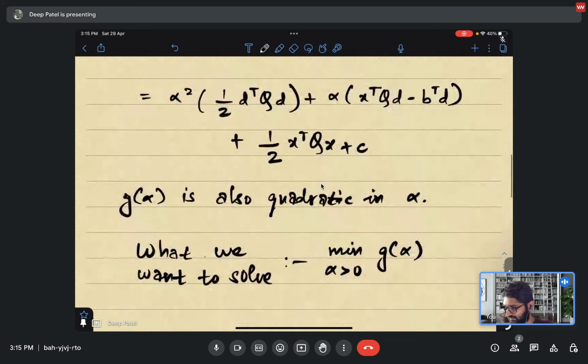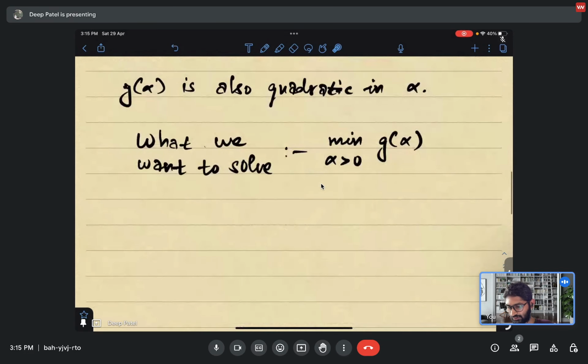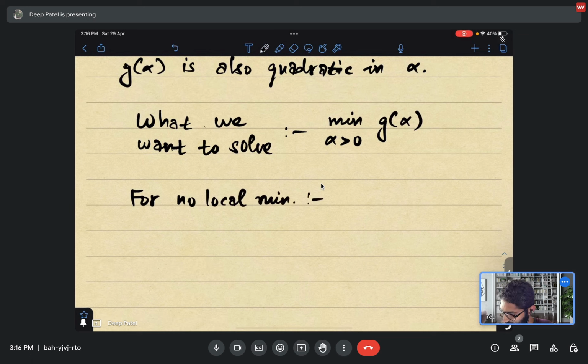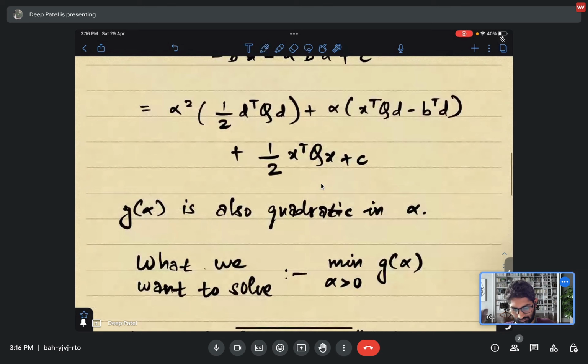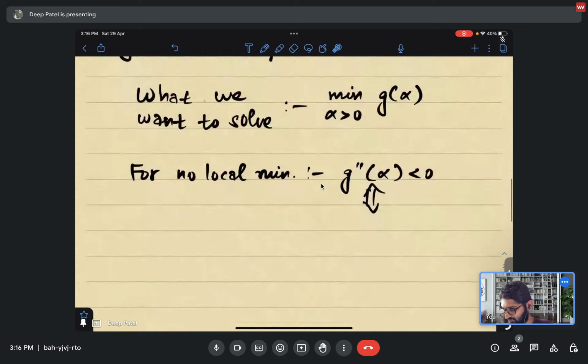Again, remember that your x and your d are fixed. For a given x and d, you are constructing this function g of alpha. Right. So one thing is, if I want to say that there is no local minimum, I would want g double dash alpha less than 0, which is saying this term here, the coefficient of alpha square, better be less than 0.